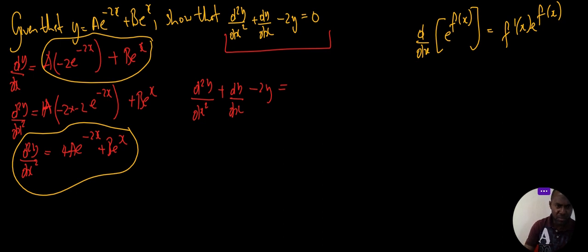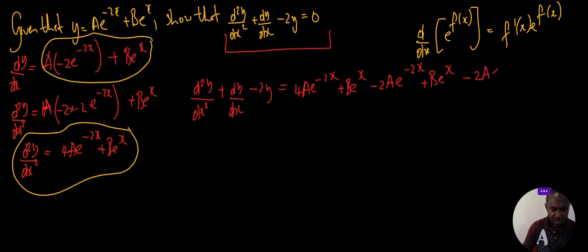So this is going to give us 4a e to the negative 2x plus b e to the x. Then for dy by dx, that gives us minus 2a e to the minus 2x plus b e to the x. And then minus 2y, that's going to be minus 2a e to the minus 2x and of course minus 2b e to the x, right?